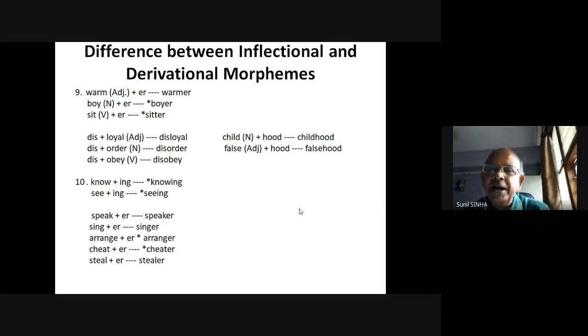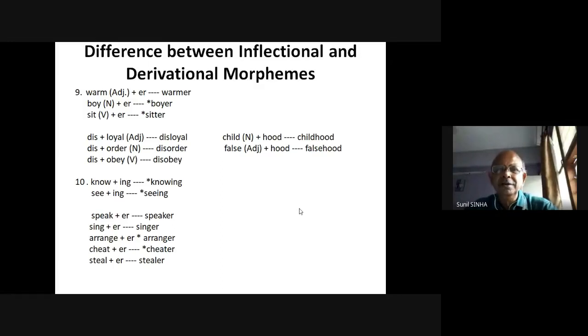Similarly, ER, this derivational suffix, cannot be added to steal, stealer, right? Jump, jumper. Can we say that? Then see, seer, one who sees is seer. No, we cannot. So the exceptions are large. A derivational morpheme can be added only to a few words of a particular group, whereas an inflectional morpheme can be added to almost all the words of a particular group.